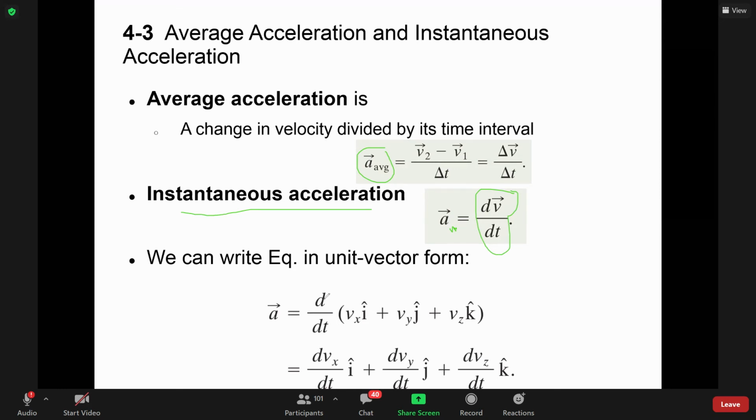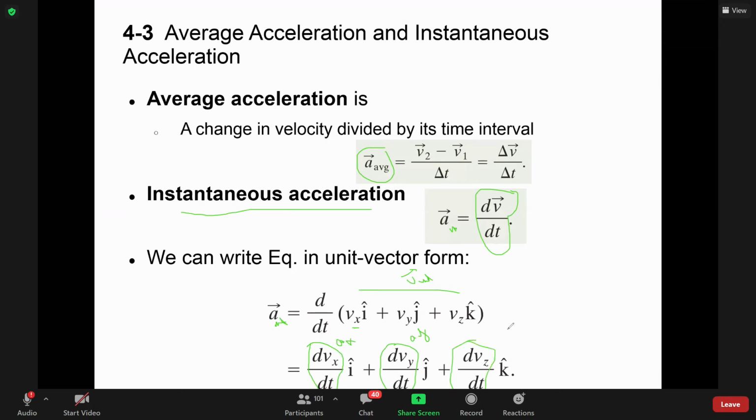So instantaneous velocity is Vx i hat, Vy j hat, Vz k hat, this is the V instantaneous vector, right? If I differentiate each component, what is this? dvx by dt. This is ax, instantaneous of course. And if I differentiate this, what is this? ay, instantaneous also. And this is az. So I might have acceleration along x, along y, along z.